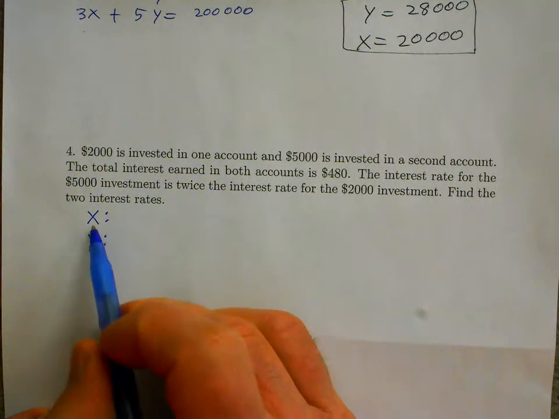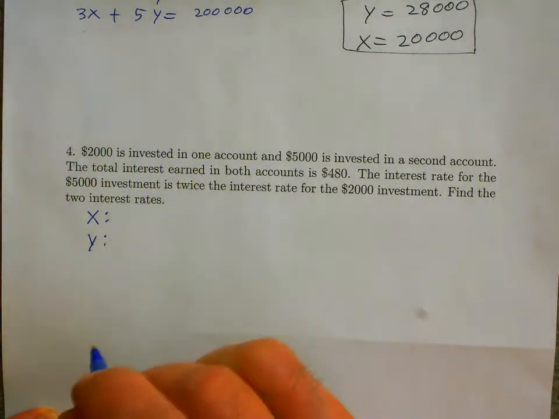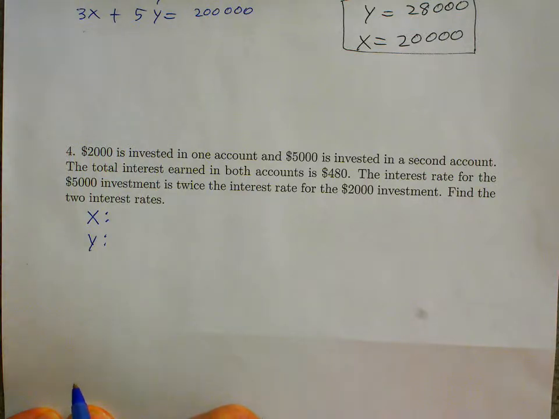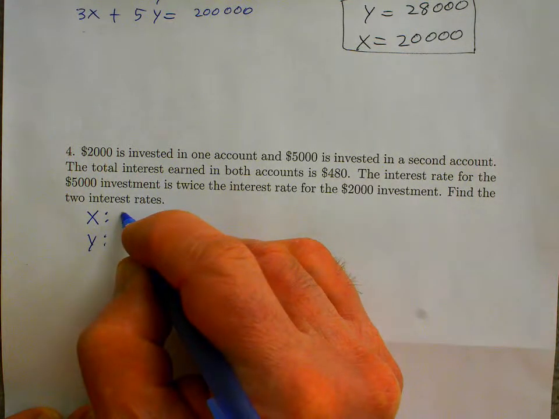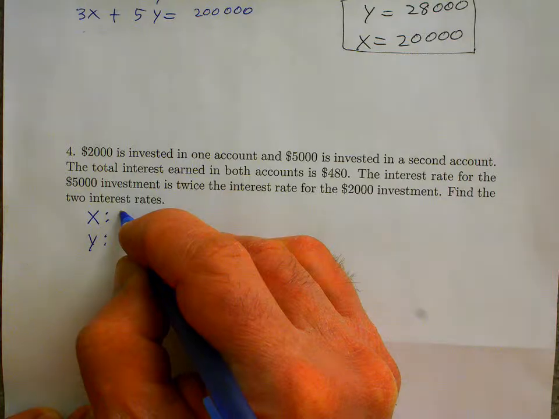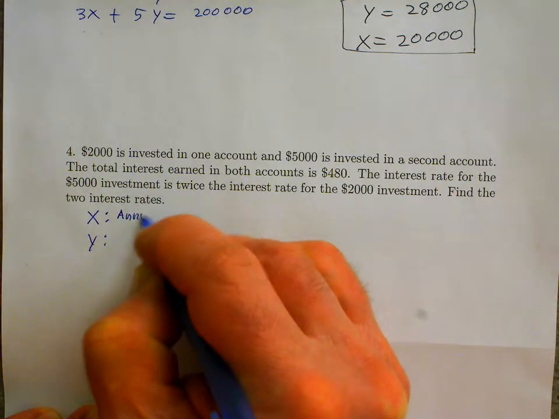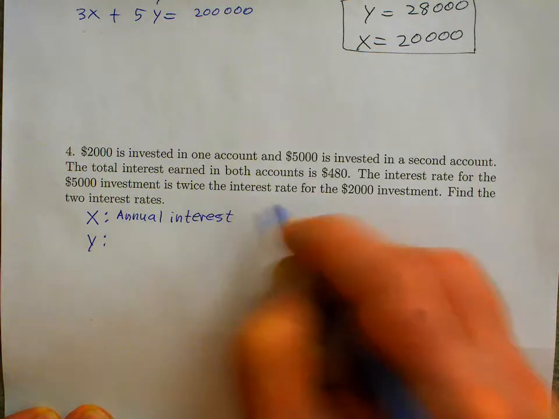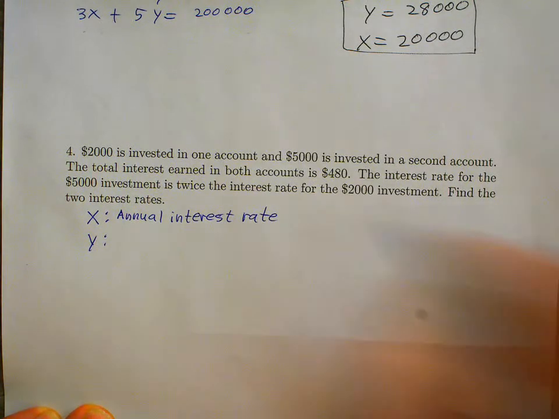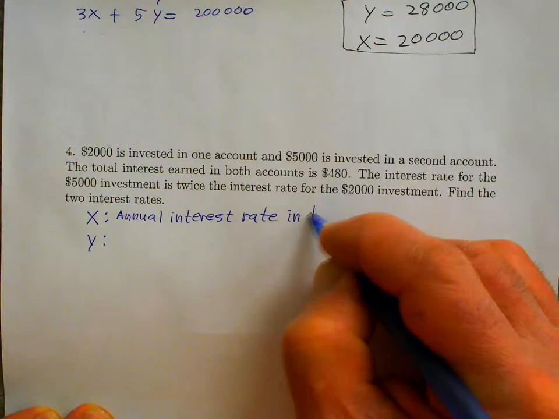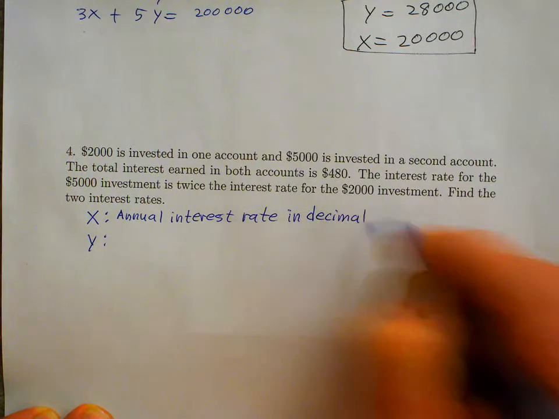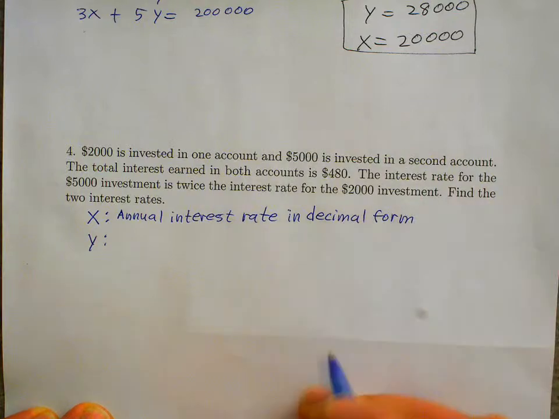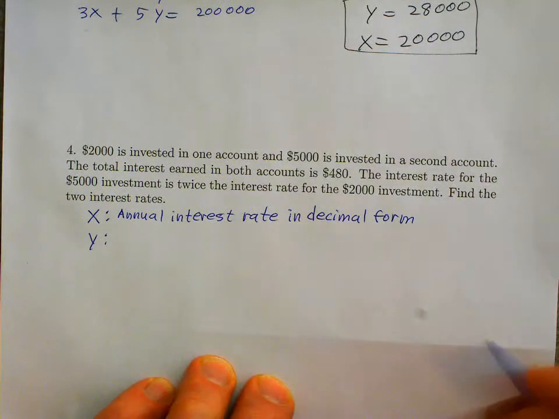So I'll pick X to be the annual interest rate in decimal form for the $2,000 investment.